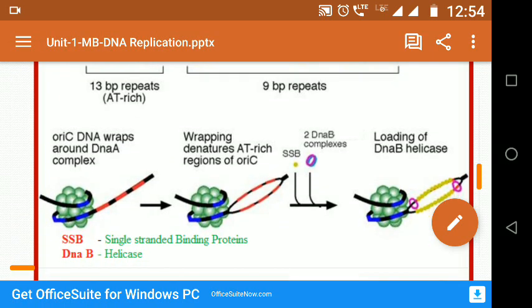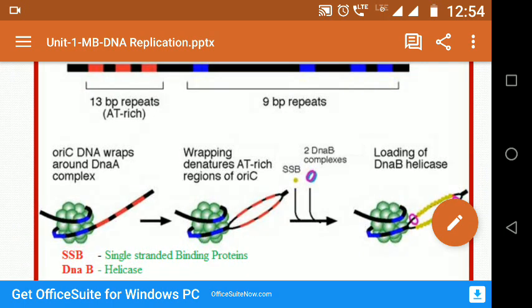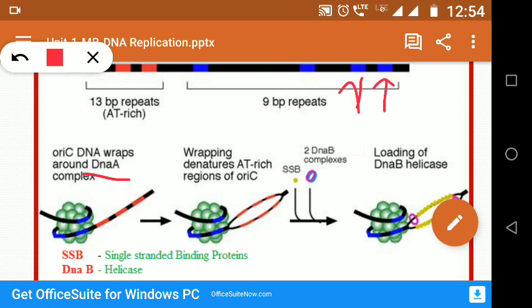So here the 9 base pair repeats are bound by DnaA protein. These green color balls are DnaA protein. The DnaA protein recognizes these 9 base pair repeats, and they come and bind to these 9 base pair repeats, and they interact with each other, so that the DNA will be wrapped around the DnaA protein complex.